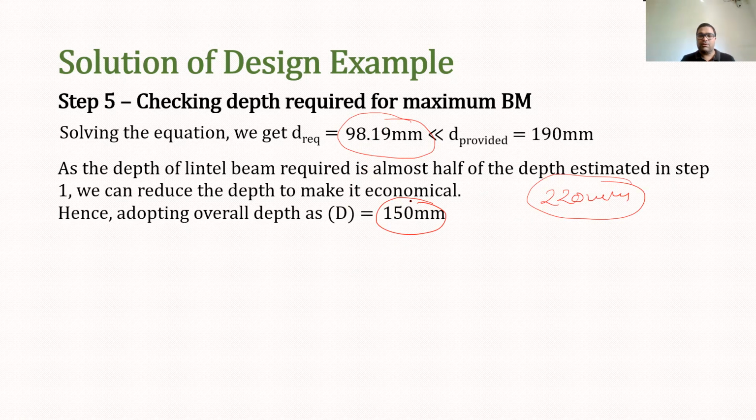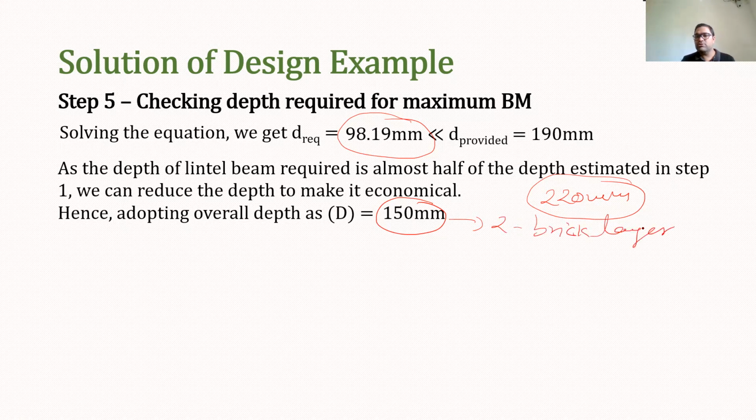So now providing D as 150 mm. If you want, you can further reduce it. But to make it optimal, I am adopting this as 150 mm. Also, you can see 150 mm is equivalent to 2 brick layers.